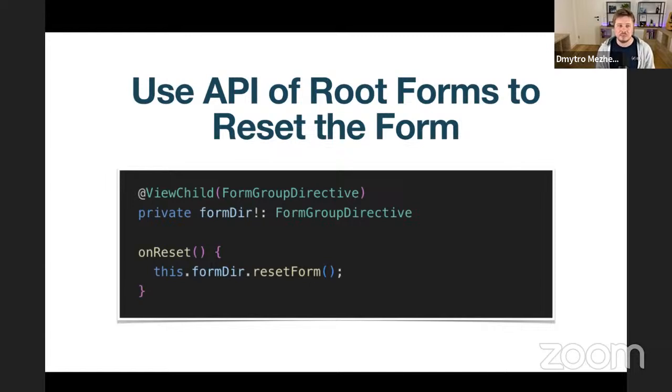Sometimes you have a condition that you display a certain error message in case the form is submitted and, I don't know, the control is touched or something like that. And if you don't properly reset the submitted state of the form, you might get behavior you don't actually want.